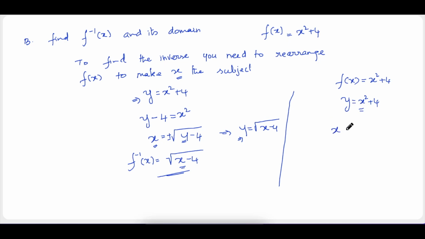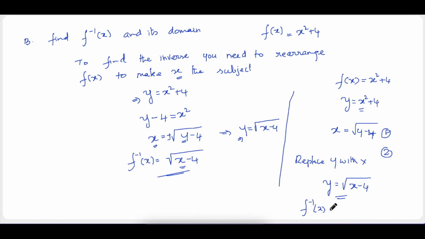So we have solved for x equals root of y minus 4, that is the first step. Second step, replace y with x. So y equals root of x minus 4. This is called f inverse of x. So f inverse of x equals root of x minus 4.